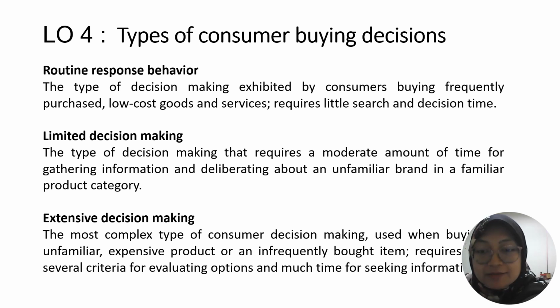Because the price of the product is expensive, they want to make sure that they make the right decision, and also to ensure that it is worth buying. Okay, so they want to know as much as they can about the product and what the available brands are.